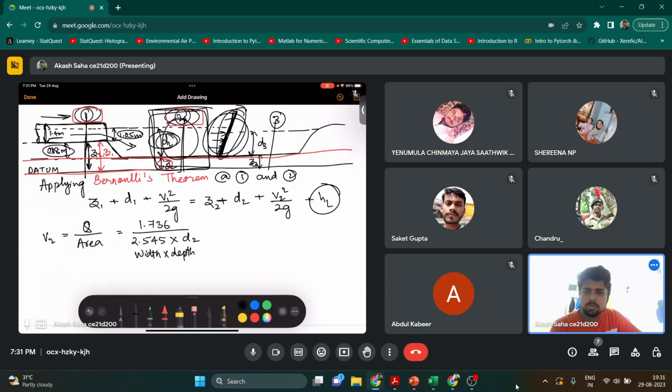Depth is d2. So is V2 clear now? So from here V2 square by 2g will become (1.736 divided by 2.545 into d2) whole square divided by 2 into 9.81. Is it fine, Saket?